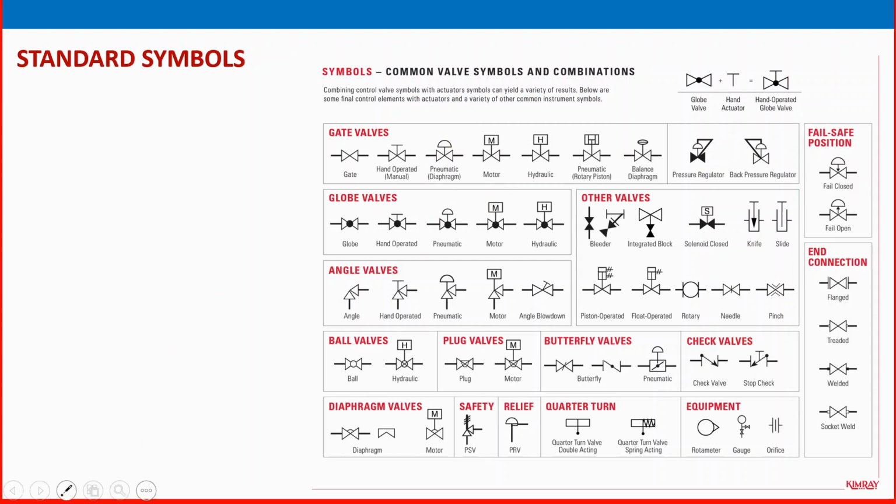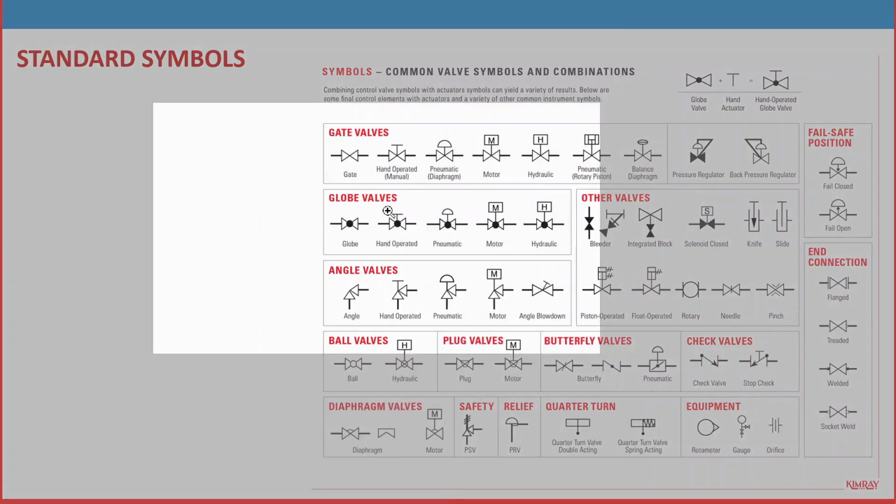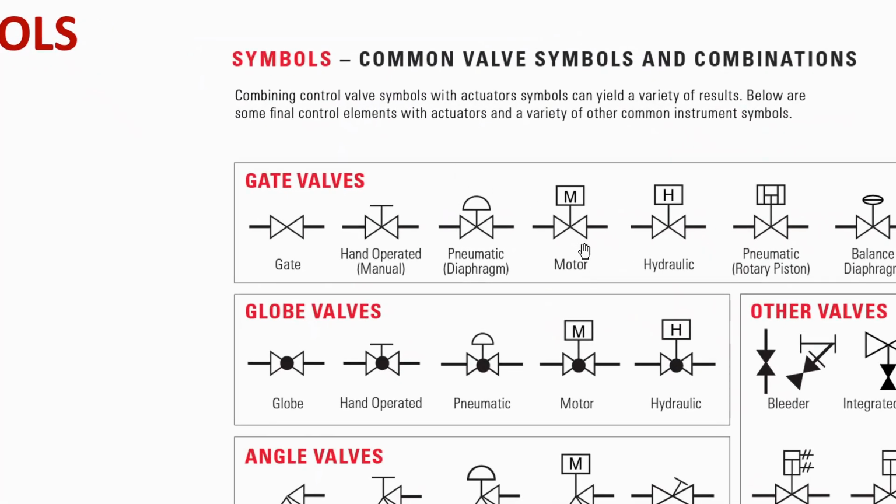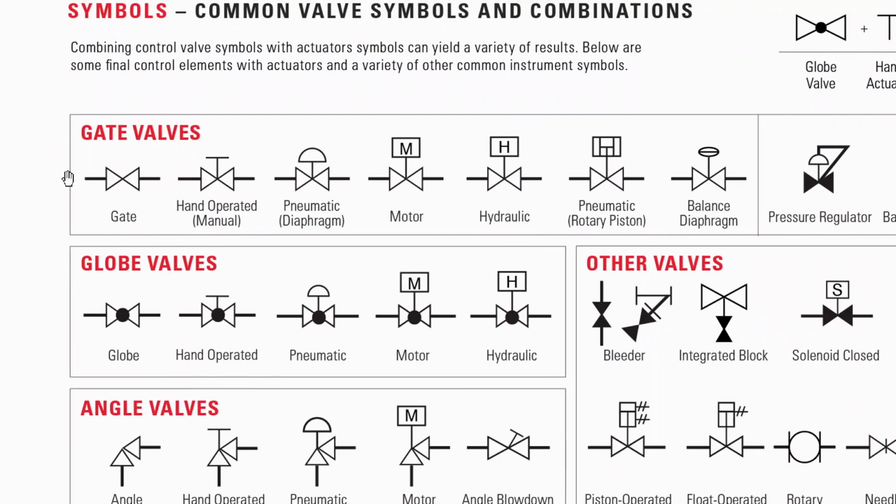This one I can show you. Yeah, have a look. Symbols in common valves. See this: gate valves, hand operated valves, pneumatic diaphragm type valve, motor operated valve, hydraulic operated valve, pneumatic rotary position, balanced diaphragm.